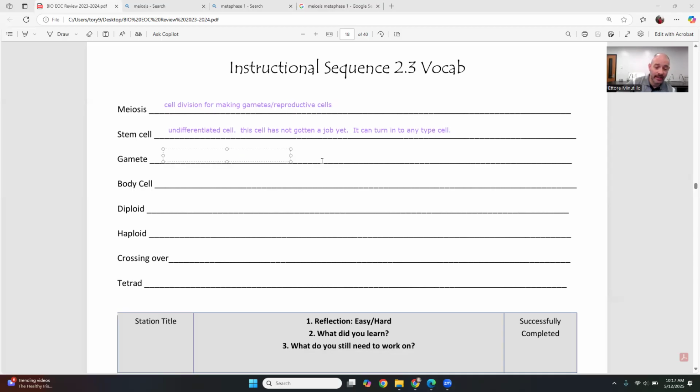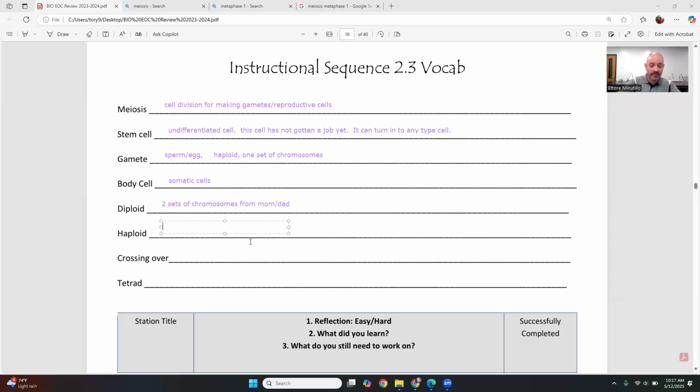Gametes. Again, this is our sperm or egg cells, and they are specifically haploid. One set of chromosomes. Body cells, just reminding you that those are referred to as somatic cells. Diploid, 2 sets of chromosomes from mom and dad.